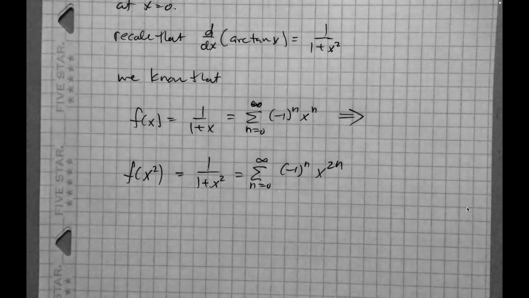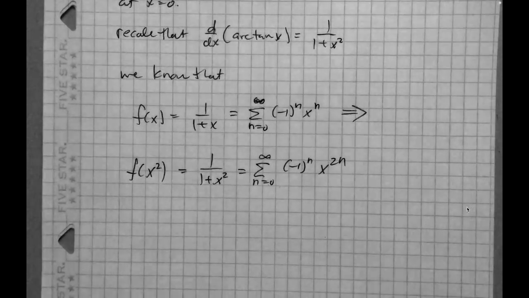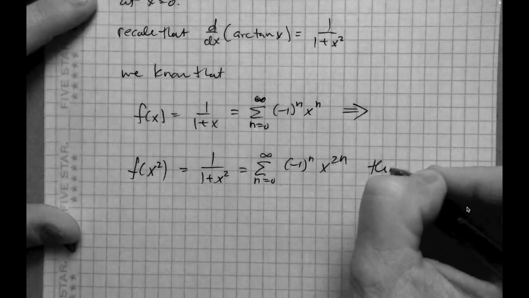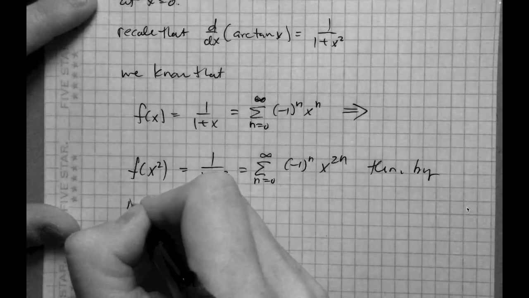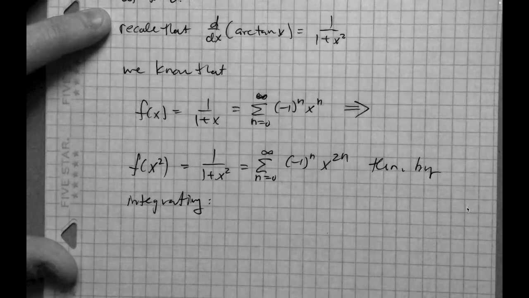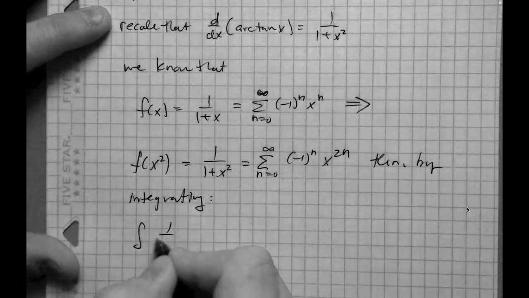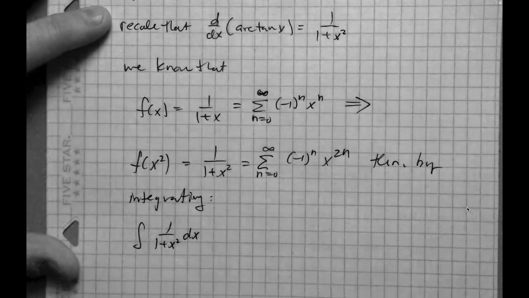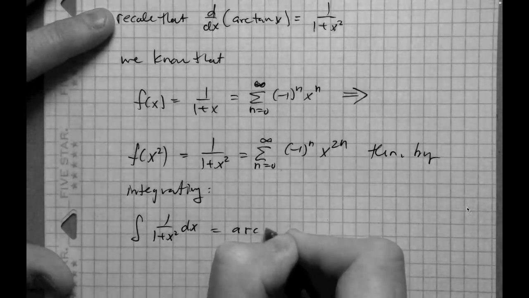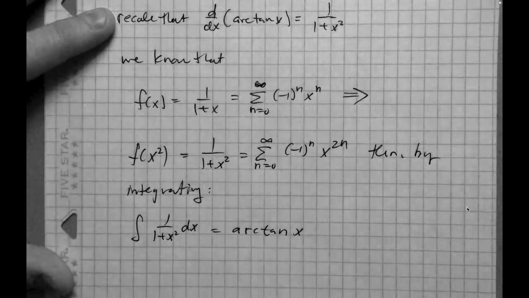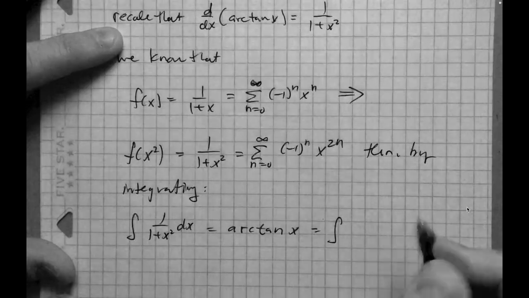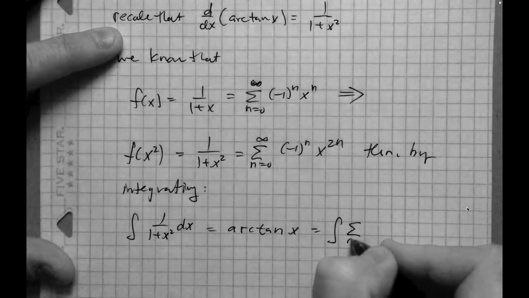Got to be careful there. And then by integrating, what happens when we integrate? Well, the integral of 1 over 1 plus x squared dx is equal to arctan of x, which is kind of what we're after in the beginning, and it's going to be equal to the integral of this power series.